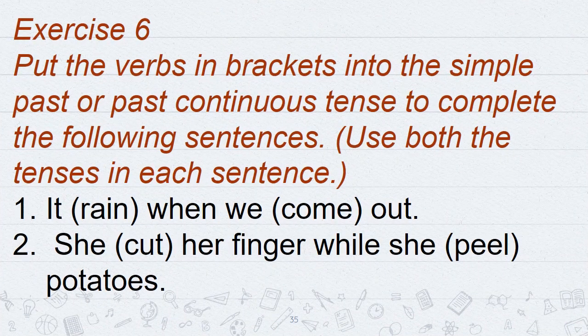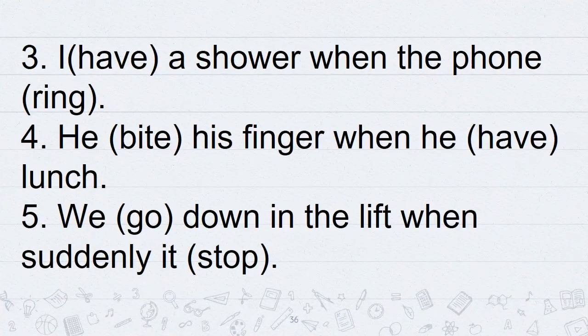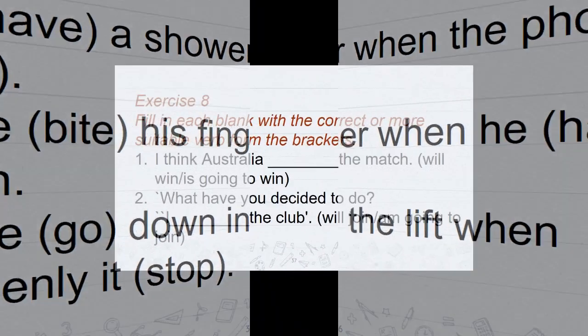Then exercise 6. Put the verbs in brackets into the simple past or past continuous tense to complete the following sentences. Use both the tenses in each sentence. These are the questions of the same exercise, exercise 6. You need to do these also.